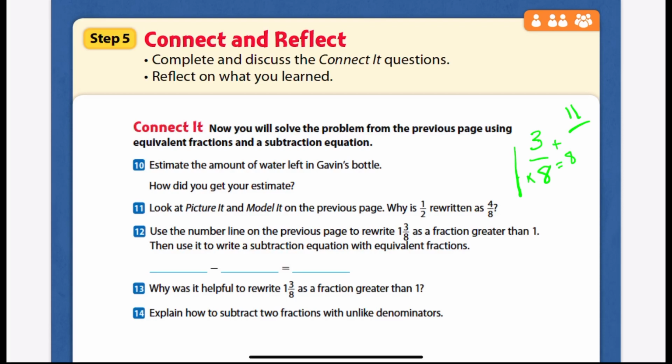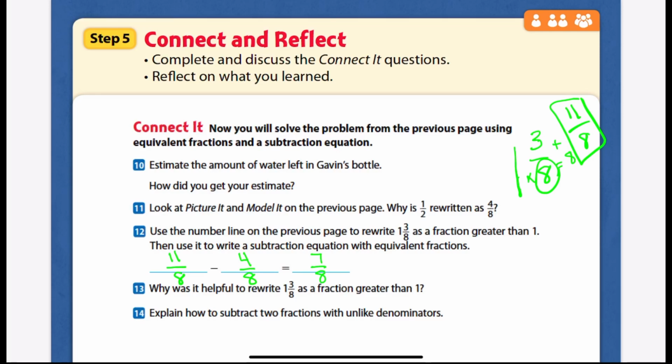And then I keep my same denominator, so that would be 11/8. So 11/8 minus what? 4/8. That's how much he drank. And then how much would that be? 11 minus 4 is 7. Keep your denominators the same at 8.